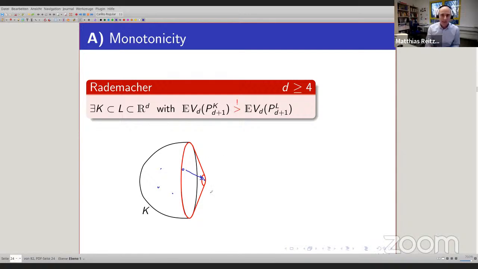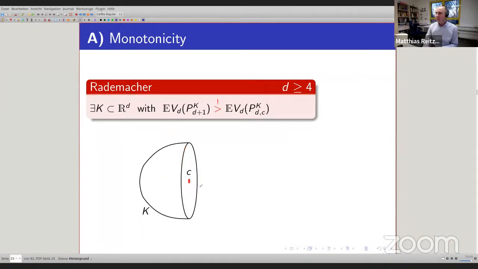Now let's make this cone, which is onto the flat part of the half ball, very, very tiny. Then at the very end, in the limit, you have random points inside, and you take one of these random points and shift it into the center.